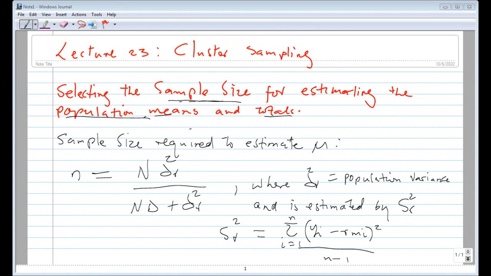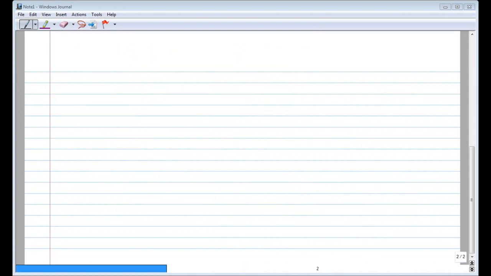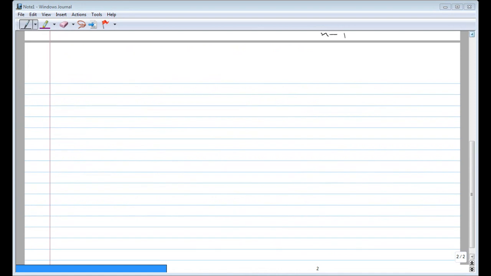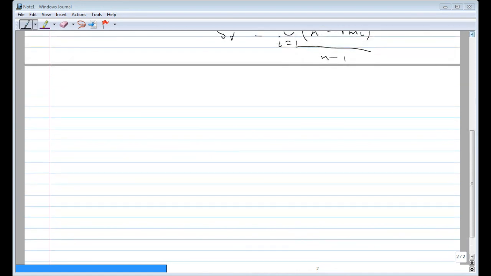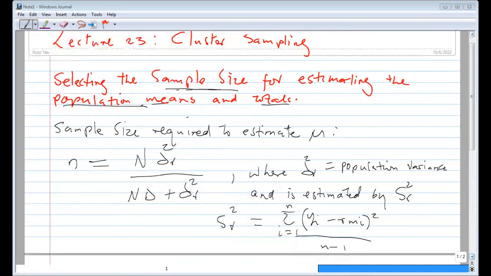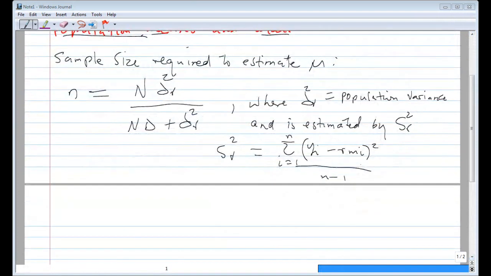Sorry for that. So our sigma squared r is the population variance and is estimated by s_r squared, which is the sample variance, which is equal to summation of yi minus r mi, squared, divided by n minus 1.